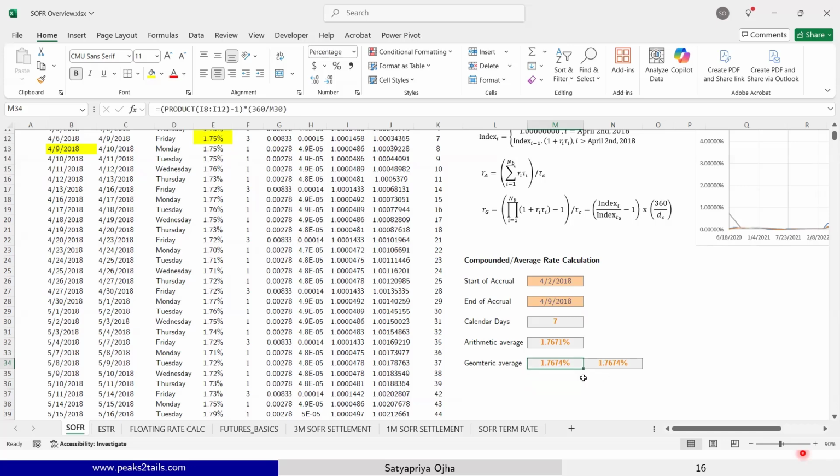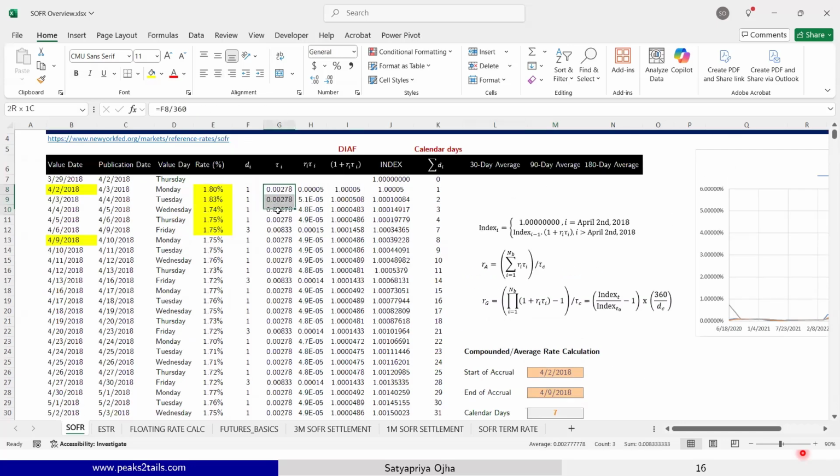Now, there is a shortcut to do this. There are some caveats here and there, but I'll tell you the shortcut. The shortcut is, why are we compounding each and everything? Why not keep an index which keeps track of that growth factor, and then we'll simply do final index divided by the initial index. That will give us the total growth factor, right? That is the purpose of an index.